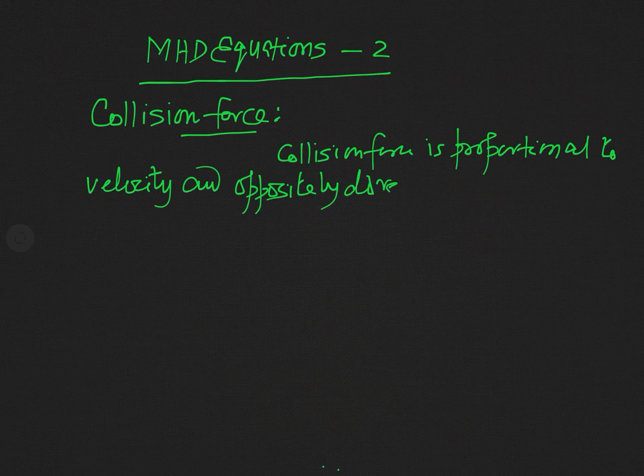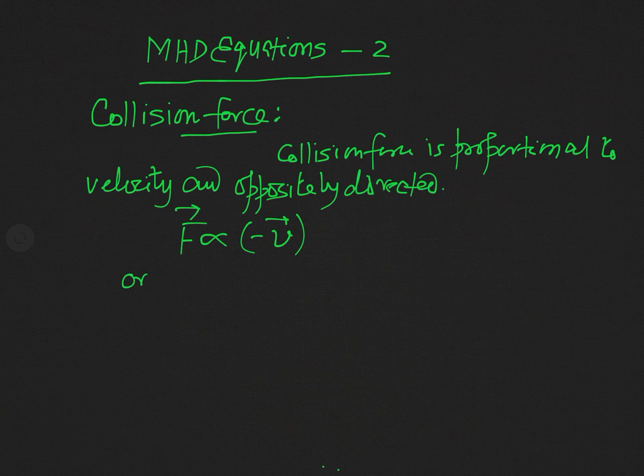It means this force acts in the direction opposite to the average velocity. I have considered the average velocity of the fluid motion. So in this case, the force acting on the plasma fluid will be proportional to minus V. The minus sign indicates that this force is acting in the opposite direction of the velocity.